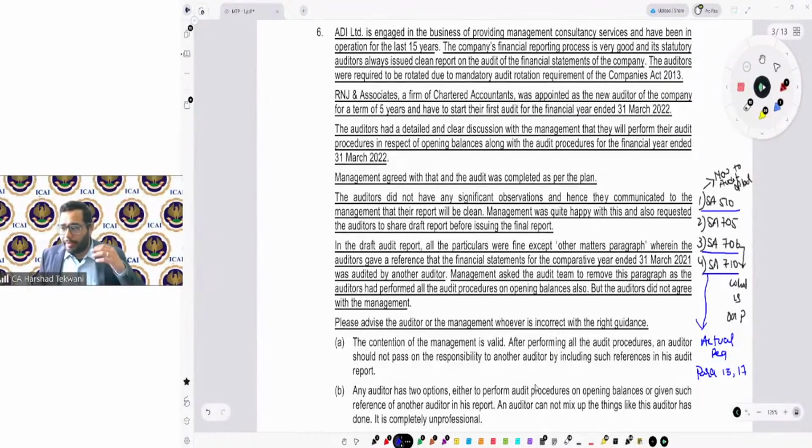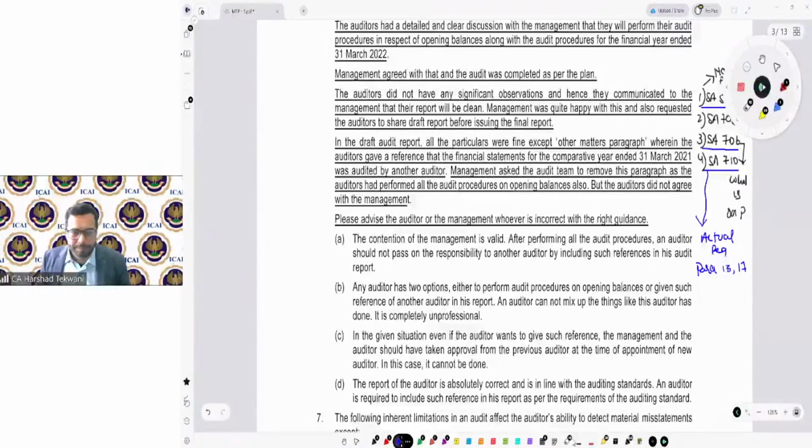Clear? Now we know this requirement is there. We know the answer, so we can directly read the options and decide based on that.